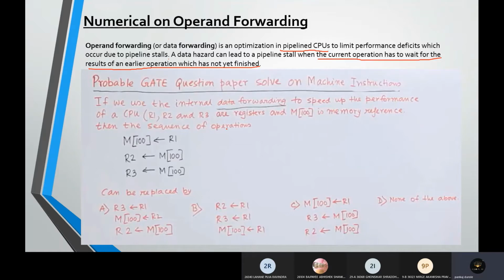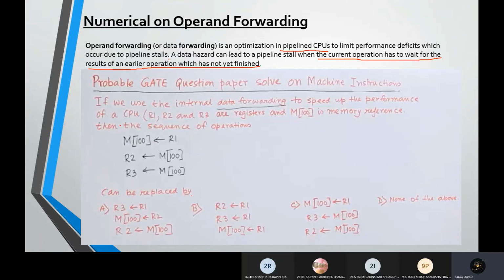Then the sequence of operations: the contents of the R1 register are moved into memory location 100, the content of memory location 100 is moved into R2 register, and the content of memory location 100 is moved into R3 register, can be replaced by.